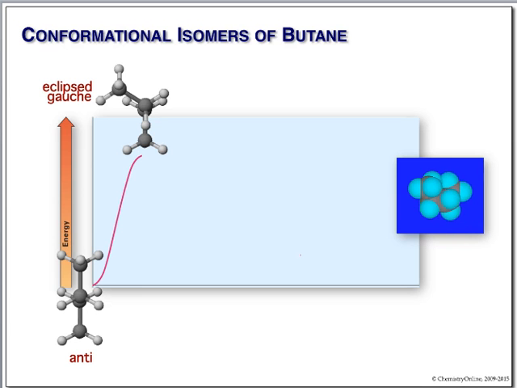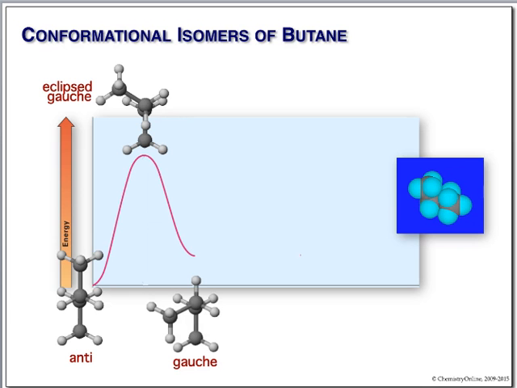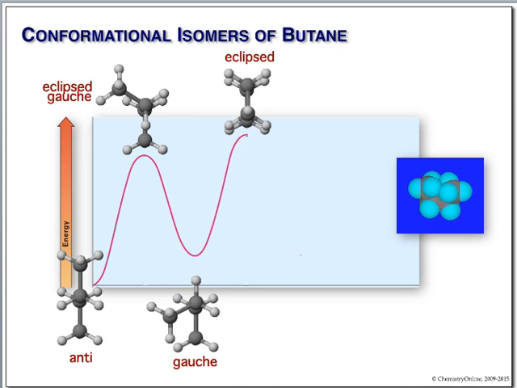It is higher energy because it's eclipsed. Our next one, we're down to a full gauche where we don't have eclipsing anymore. That is more stable, but less stable than the anti. Another rotation, we're up here to eclipsed gauche again, although this is fully eclipsed, isn't it?